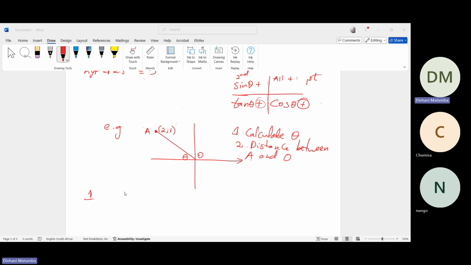If we were to calculate angle theta, how can we go about it? Actually, I made a mistake. This should be a minus. Yeah, perfect. Okay, so how can we calculate the value of theta?